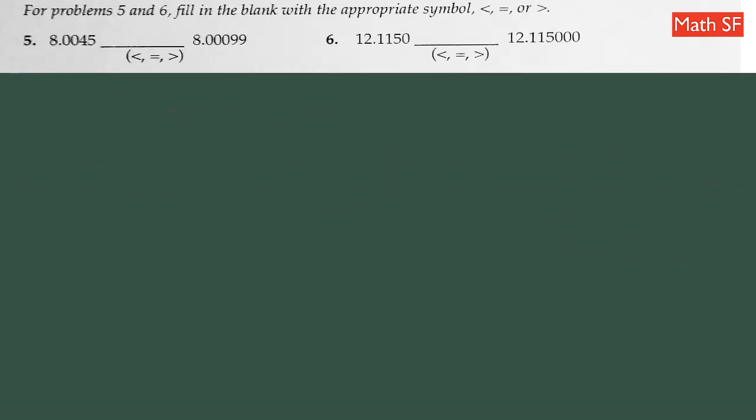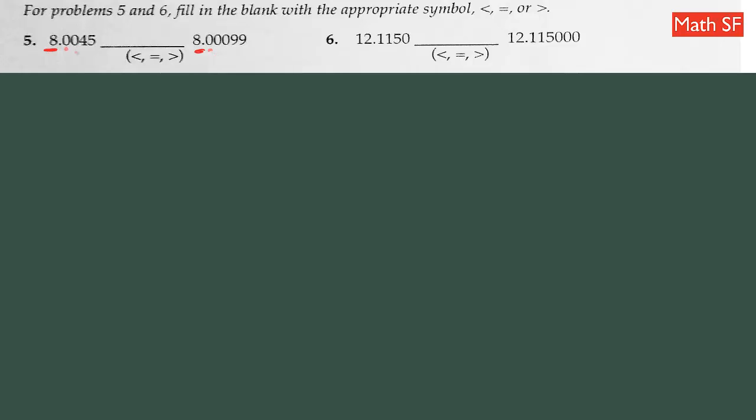Now for these particular problems, they're asking you to fill it with less than, equal, or greater than. So let's compare those numbers. How do we compare decimals? Once again, we're going to compare them digit by digit. Let's look at the whole part. The whole part goes on the left side of the decimal point. The whole part here is 8. So 8 and 8, they're actually the same. Let's go to the next digit. The next digit will be 0 and 0.